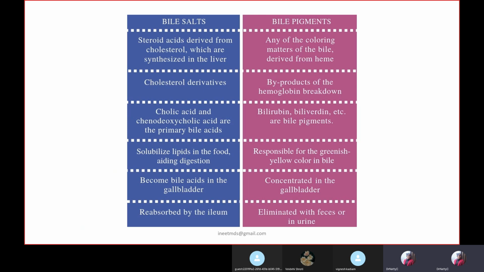When hemoglobin breaks down, the byproduct of the heme is bile pigment. Bile pigments include bilirubin and biliverdin, whereas bile salts include cholic acid and chenodeoxycholic acid. Bile salts will majorly get reabsorbed by the ileum, whereas bile pigments will be completely eliminated with feces and urine.